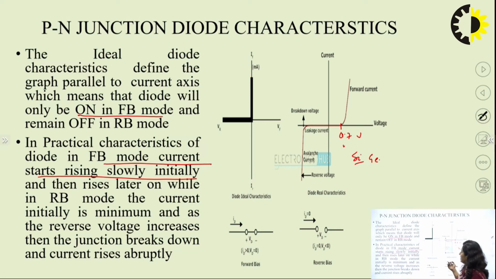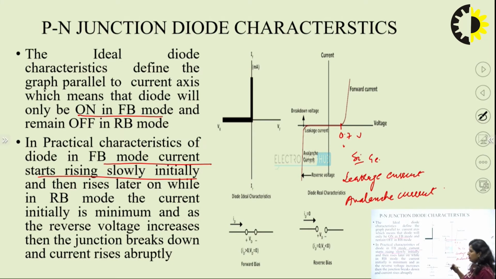Okay. So in the practical characteristic of a diode, in forward biased mode, the current starts rising slowly initially, and then it rises later on, while in reverse biased mode, the current is initially very minimal, and as the reverse voltage increases, the junction breaks down and the current rises abruptly. So there are two types of current here. One is leakage current and one is avalanche current, also called avalanche breakdown.